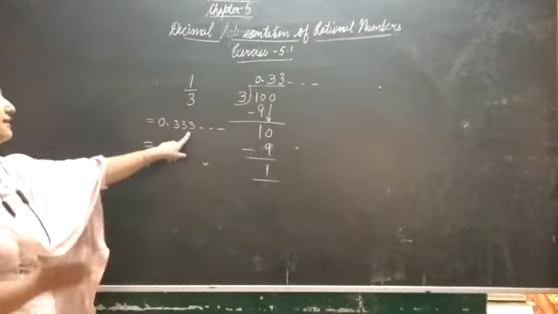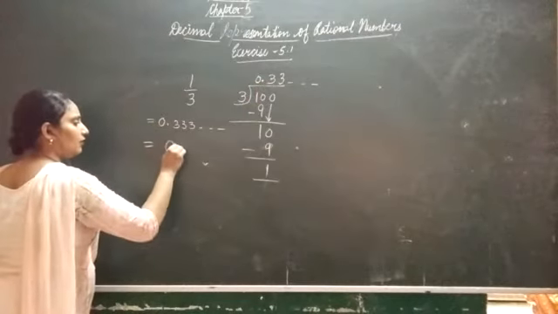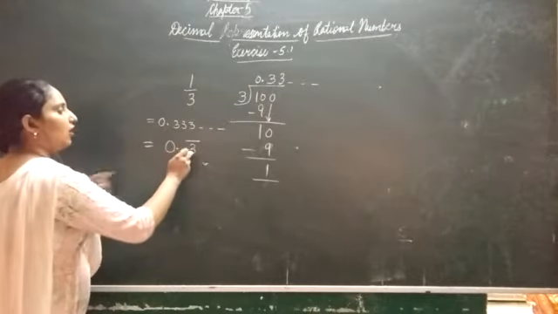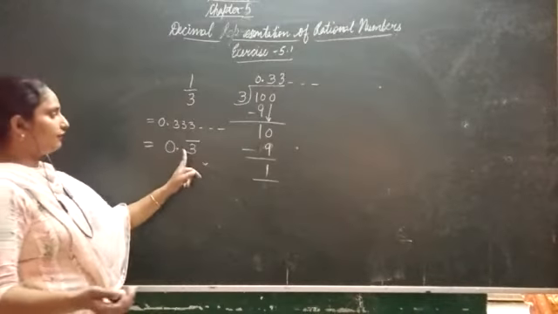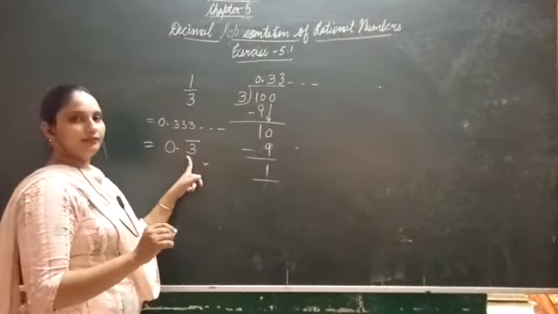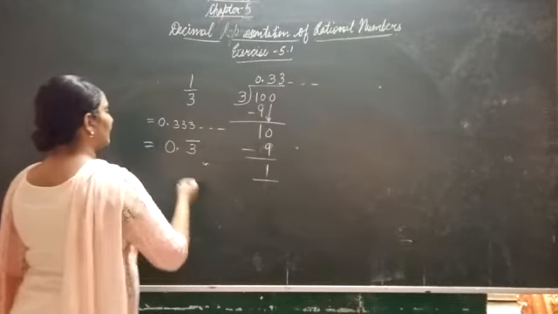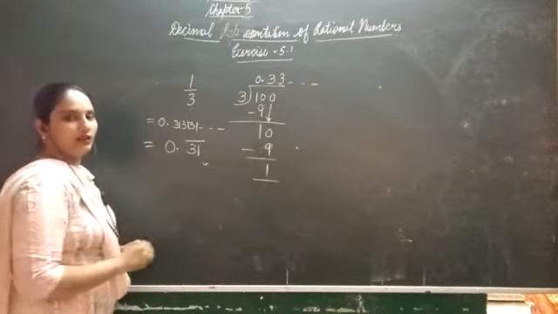So to represent such numbers we use a bar. The bar is put on the digits repeating themselves. Means if 3 is repeating, then you will put the bar on a single 3. Suppose in some case 31 is repeating itself, so you will put the bar on 31.